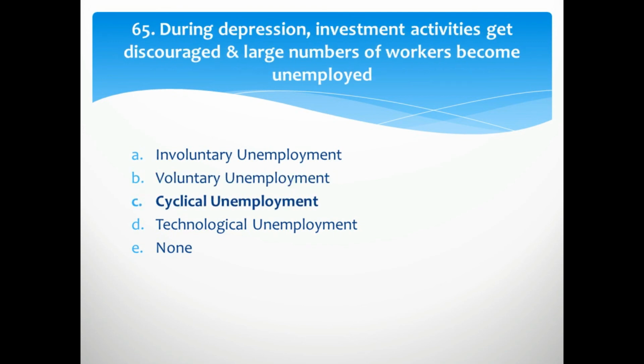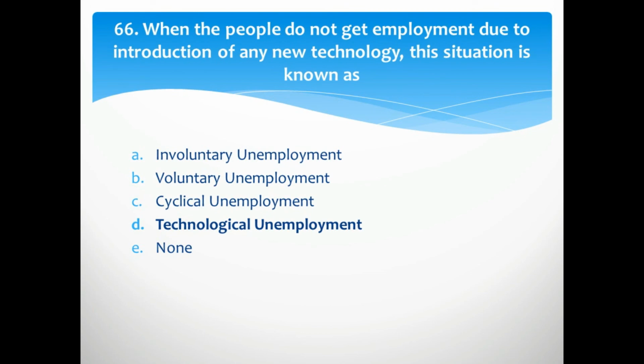During depression, investment activities get discouraged and large numbers of workers become unemployed. That unemployment is known as cyclical unemployment, because depression is a phase of the cycle of economic activity. Any unemployment in this interval we will call cyclical unemployment. When people don't get employment due to the introduction of new technology, it is known as technological unemployment.